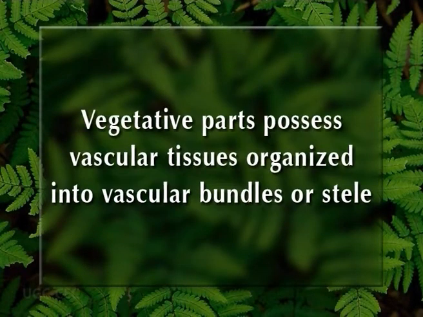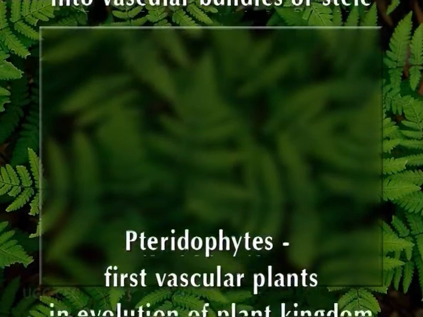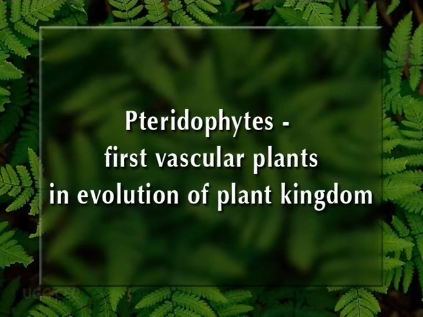All vegetative parts of pteridophytes possess vascular tissues, which are organized into a system we call vascular bundles, or a collective term is used, stele. So we can say the pteridophytes are the first vascular plants in the evolution of the plant kingdom which have developed a vascular system.